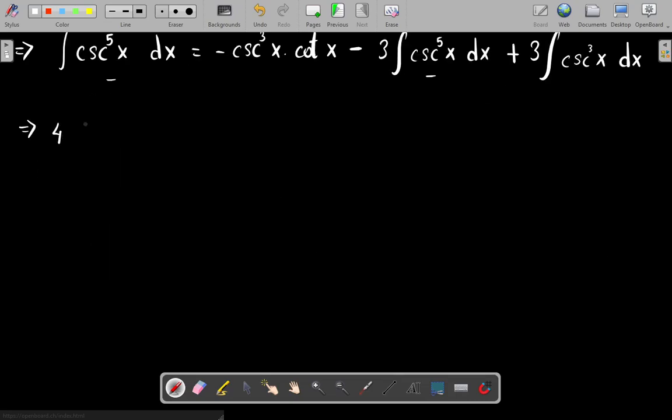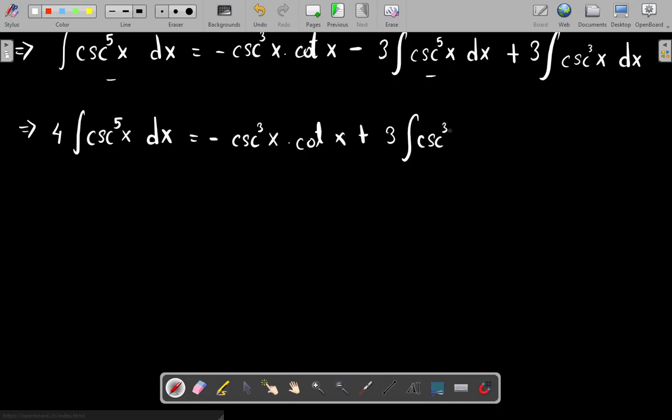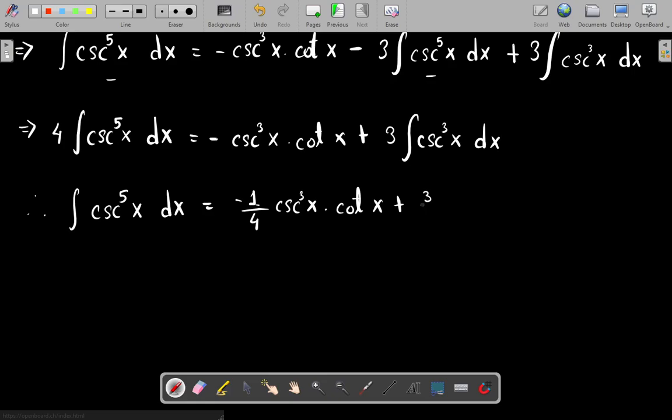We have 4 times the integration of cosec to the power 5x dx equal to minus cosec cube x times cot x plus 3 times the integration of cosec cube x dx. Dividing both sides by 4, we get minus 1 by 4 times cosec cube x times cot x plus 3 by 4 times the integration of cosec cube x dx.